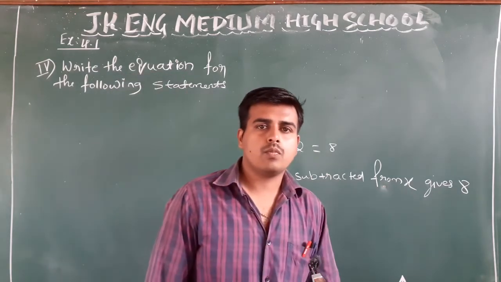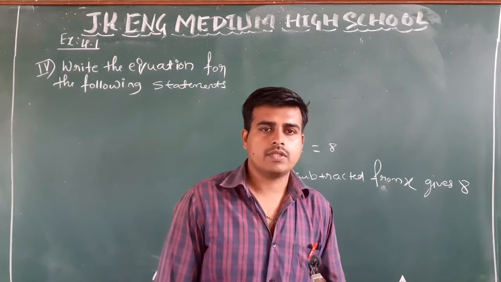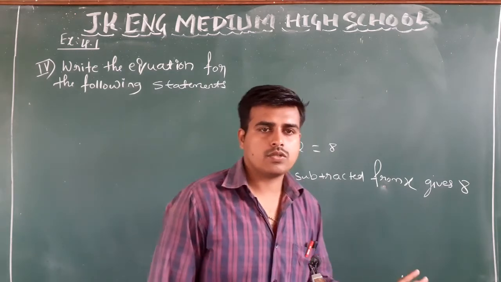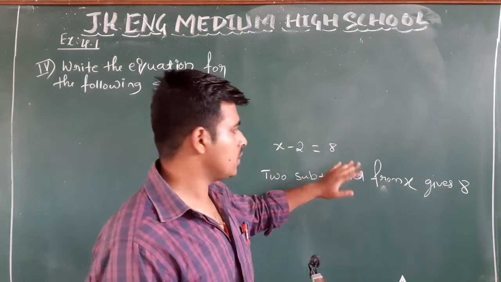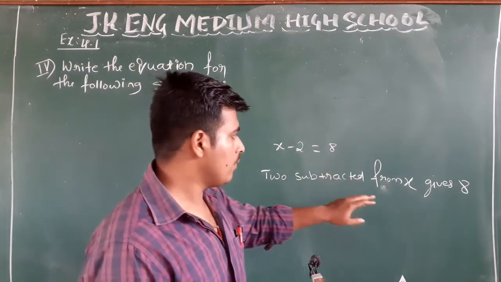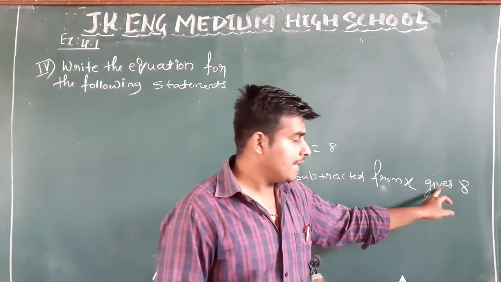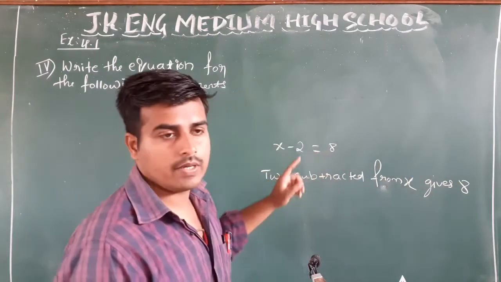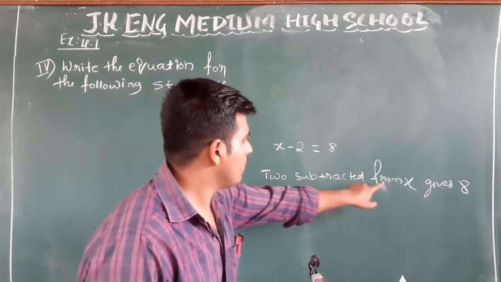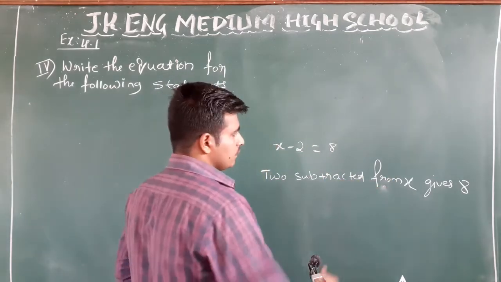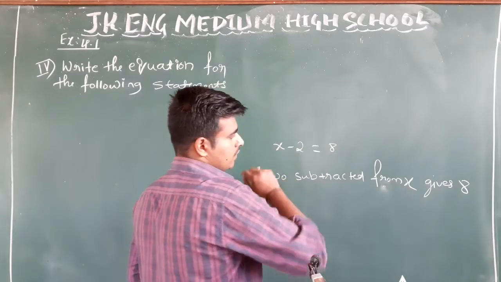Rather than going to a more difficult way, we will choose a very easy way. Just what you can see, write that. You have to just write it in words. Remember, gives is nothing but it shows the equality sign. Whenever from comes, this will go first.